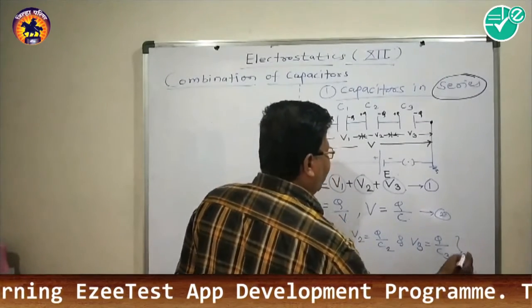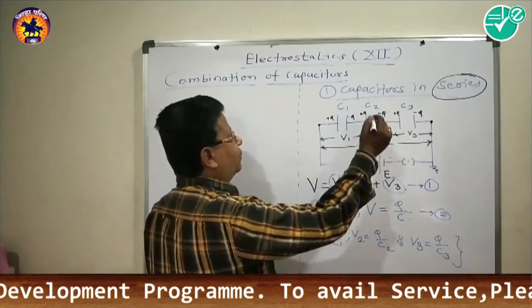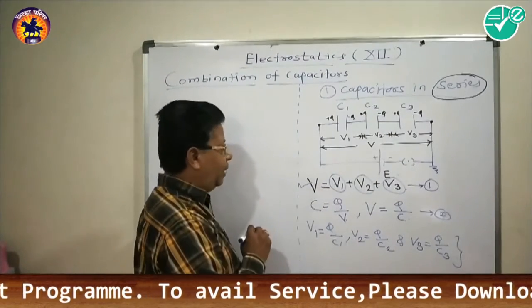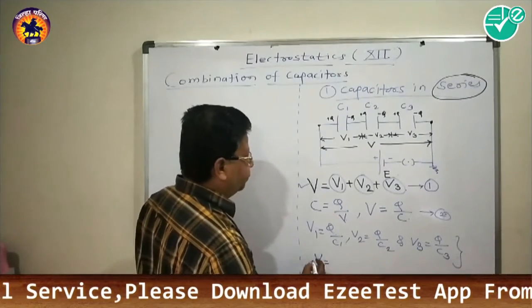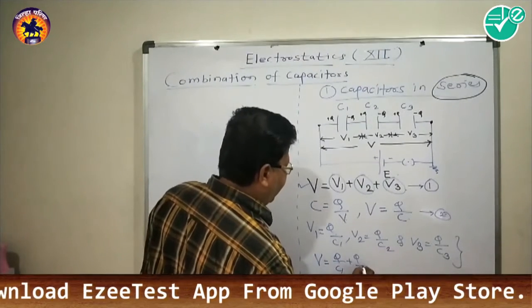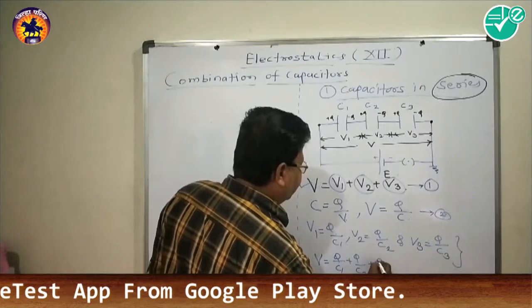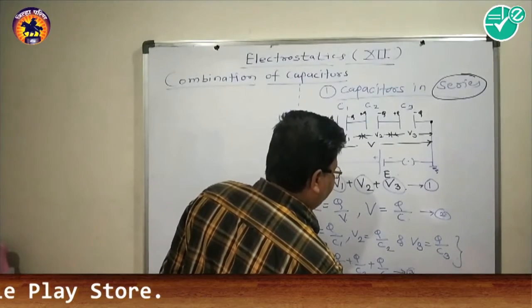Now these values of V1, V2 and V3 are substituted in equation number 1, then we get V is equal to Q by C1 plus Q by C2 plus Q by C3. So this is equation number 3.